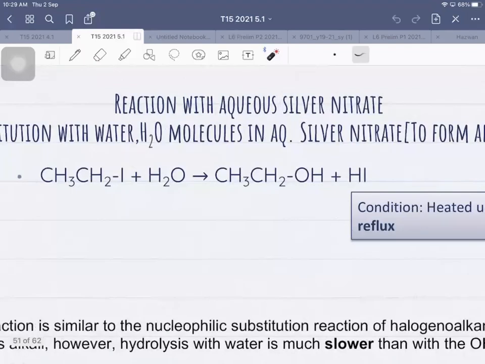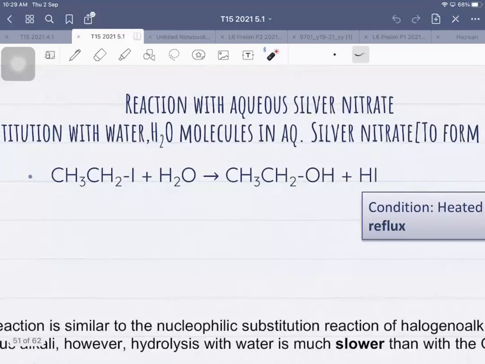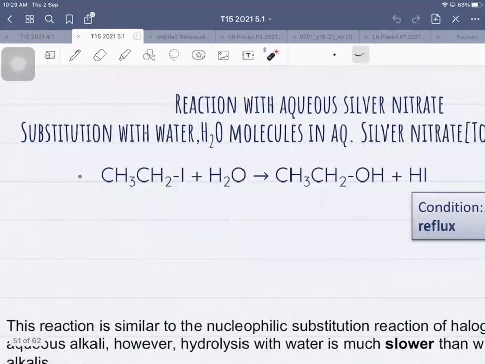With aqueous silver nitrate, there are actually 2 types of reactions happening here. The first one is the substitution with water. The second one is called the precipitation reaction, which we will look at later on. The first reaction is called a hydrolysis reaction, and hydrolysis usually involves a water molecule breaking down the carbon-halogen bonds.